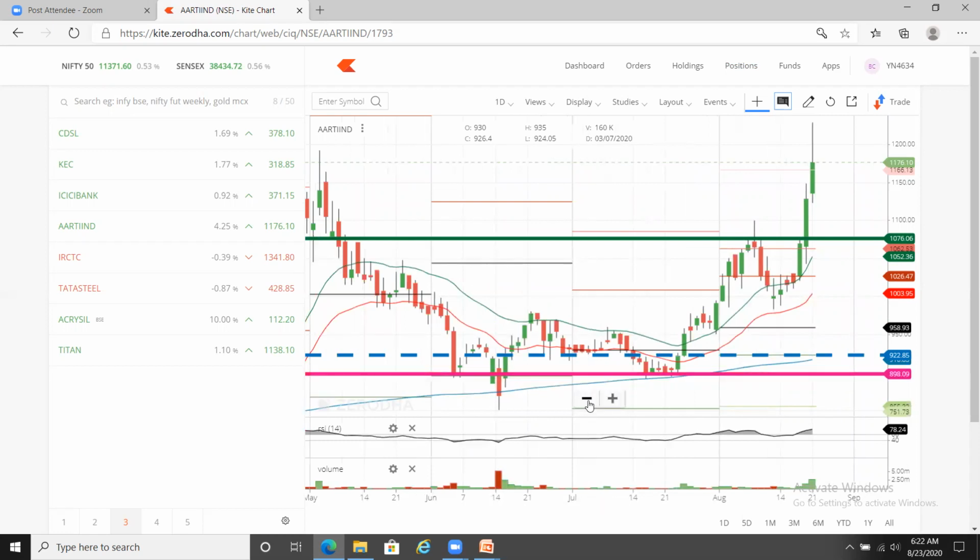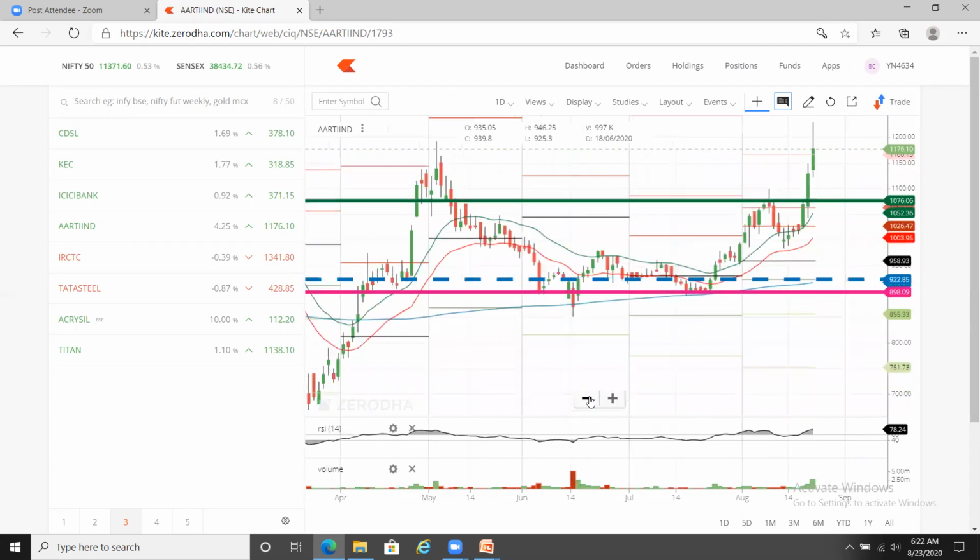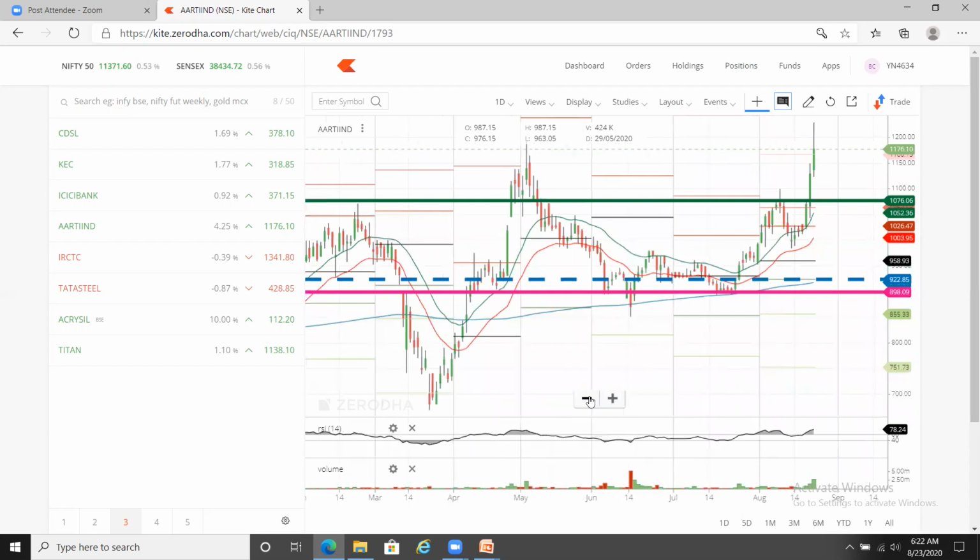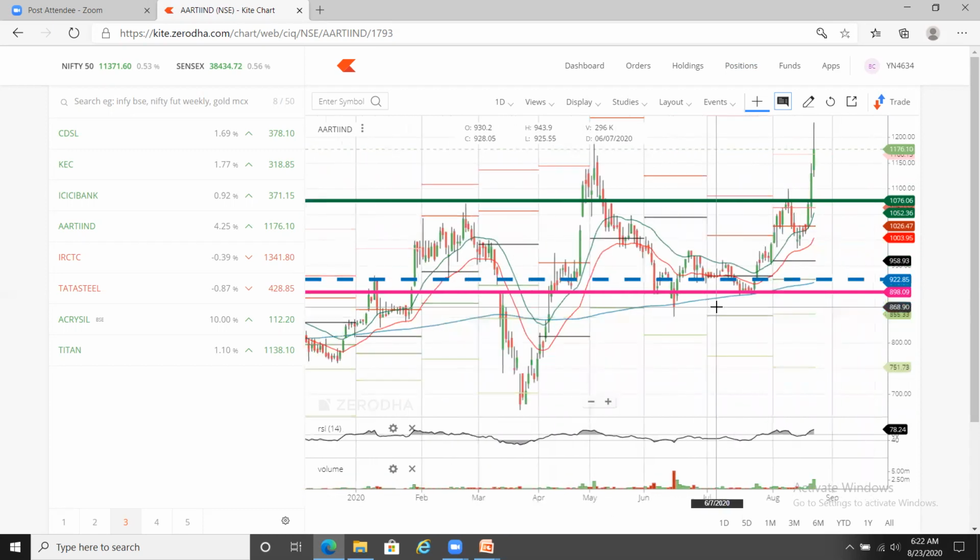Now, for the benefit of everyone who is watching this video, I'll go back and zoom out, and I'll show you why I chose this as a support and how I use the horizontal lines.